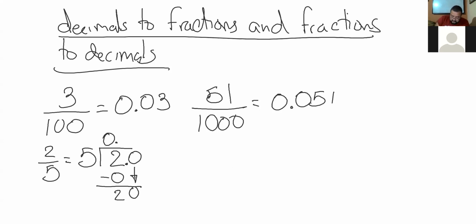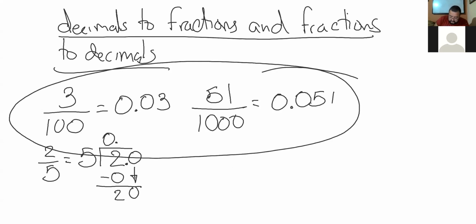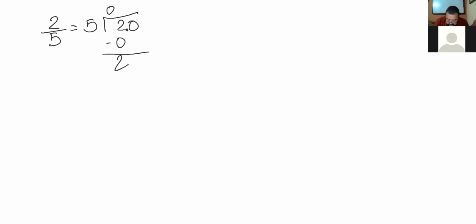Stop the video, copy these two exercises, and we're going to continue after you copy them. Okay, I'm going to erase. Okay, there was 2/5. Remember, we wrote 0, write a point here, write 0.